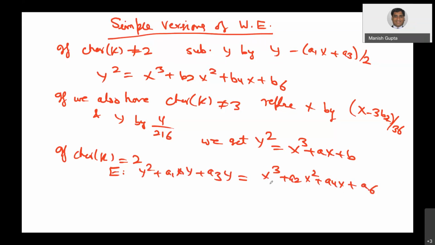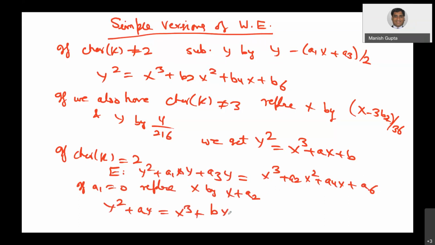Okay, so this is the curve. If characteristic is 2, there are two cases. If a1 is equal to 0, replace x by x plus a2, and the equation becomes y square plus ay is equal to x cube plus bx plus c. This is known as a supersingular curve.